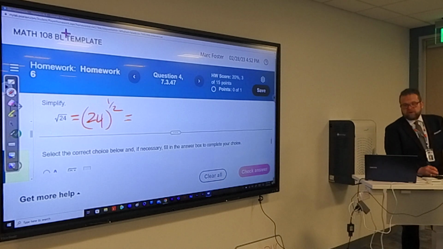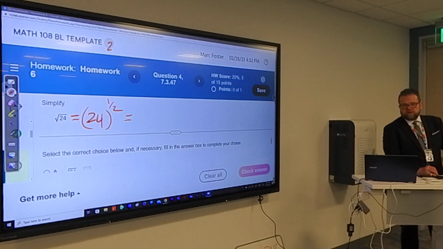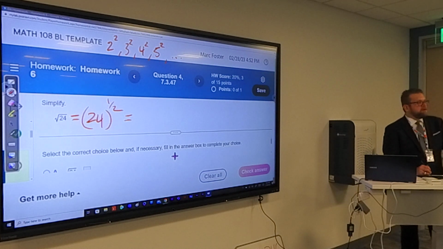The perfect squares are the numbers like 2 squared, 3 squared, 4 squared, and so on. How about 4 times 3? That's 12, and then times 2 would be 24.